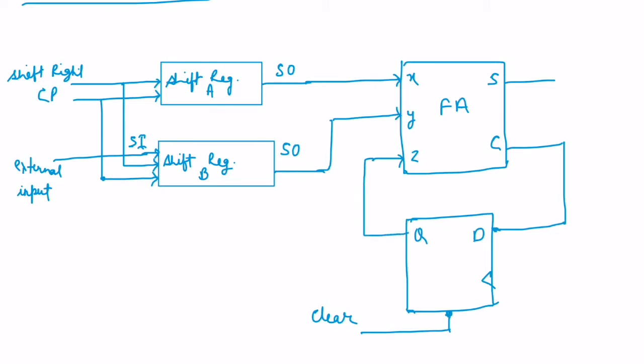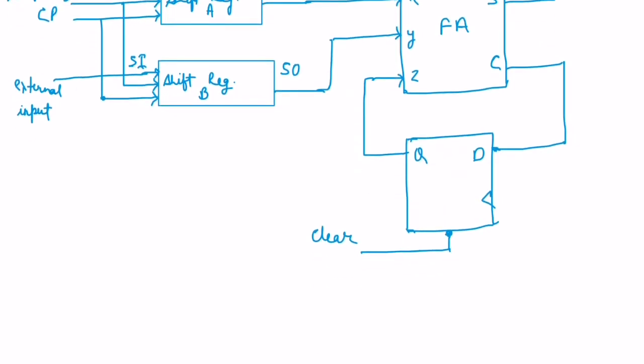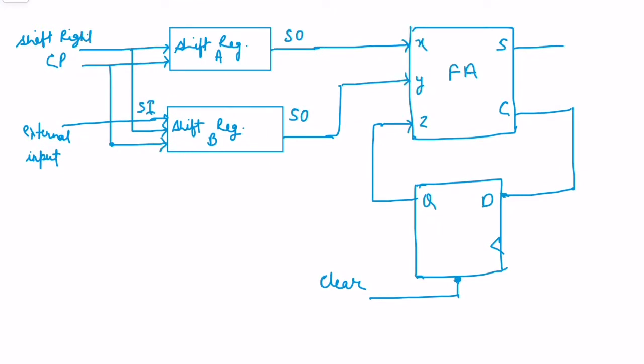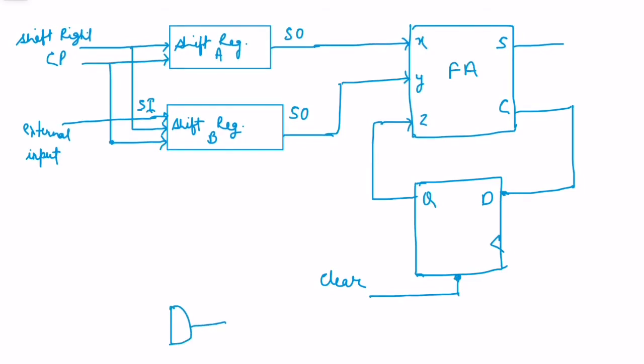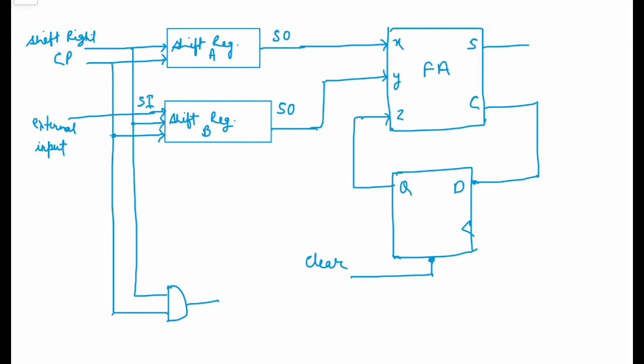We will give a clock signal to the D flip-flop also. Whenever the clock pulse, that is the CP input, is high and the shift right signal is high, the clock of the D flip-flop must be active. These two signals are ANDed and given to the clock pulse of the D flip-flop.